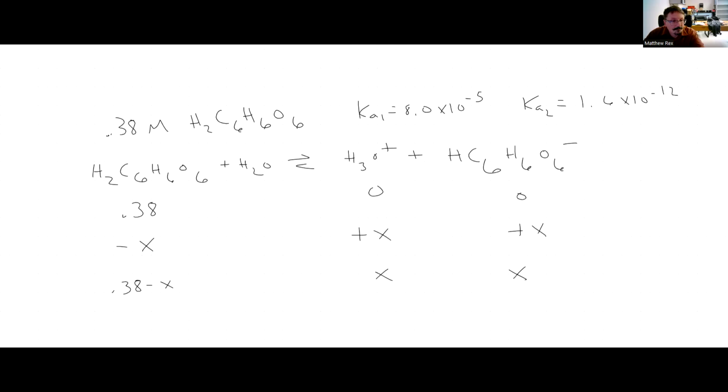So then, actually, let's go back to this. Our Ka1 is 8.0 times 10 to the negative 5. That's going to be equal to X squared over 0.38 minus X. We're going to do the X is small approximation.